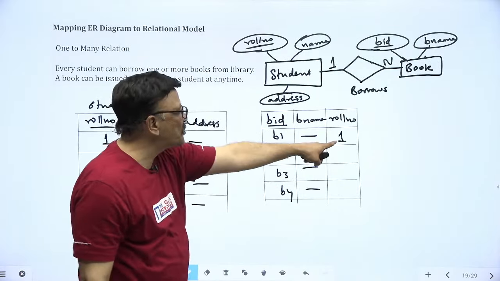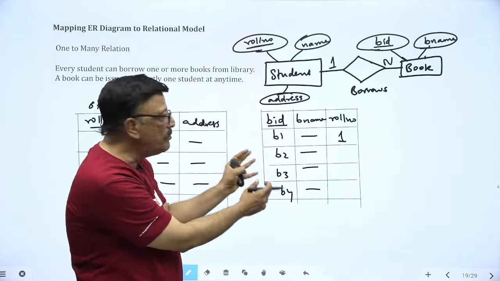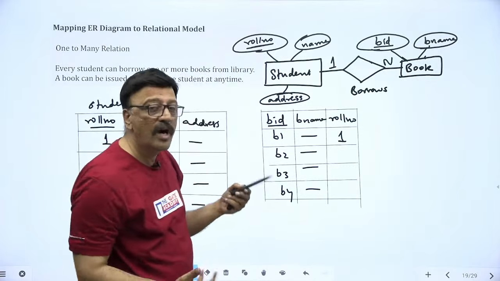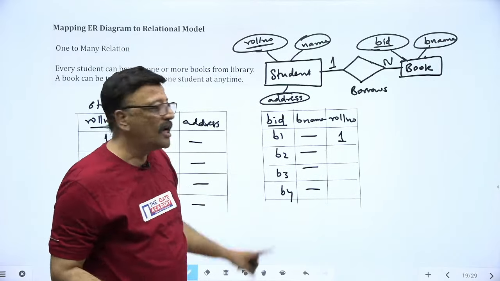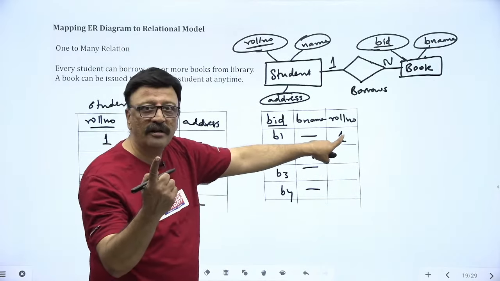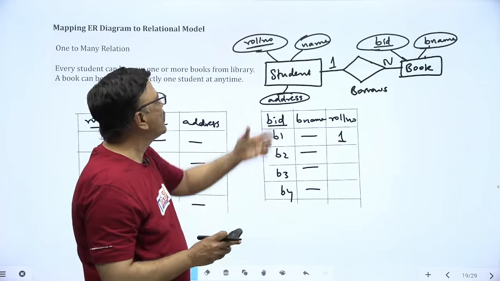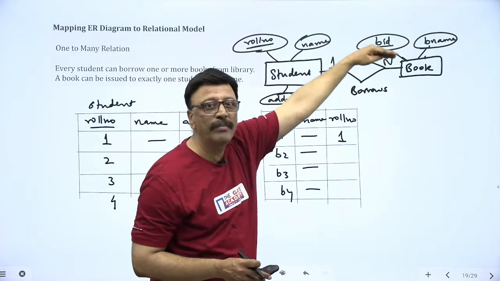It's so easy to understand that in the book table, you will be keeping the details of who has taken that book. Who has taken that book means which roll number has taken that book. And you know a book can be taken only by one student at any point of time. Isn't it so? So the key attribute of one side should become an additional column on many side.